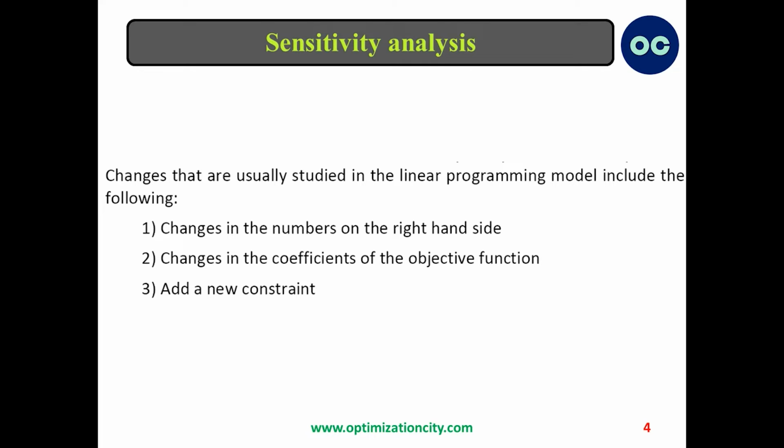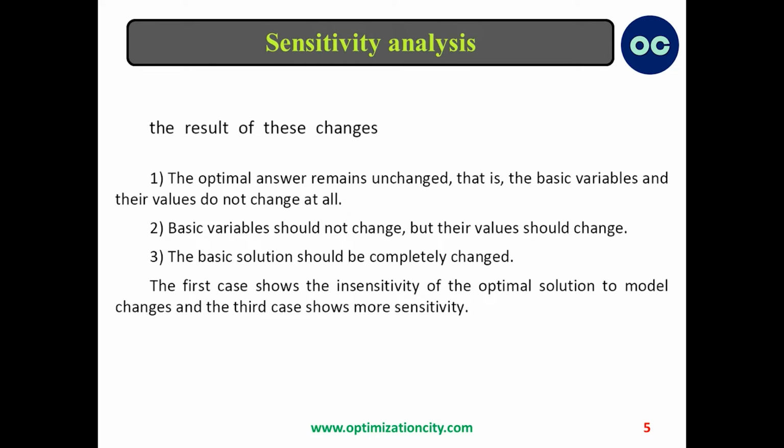When it comes to the linear programming model, there are a few changes that we typically focus on. First, modifying the value of the right-hand side. Second, adjusting the coefficient of the objective function. And third, introducing an additional constraint. In general, when you make these changes, we can expect one of three possible outcomes.